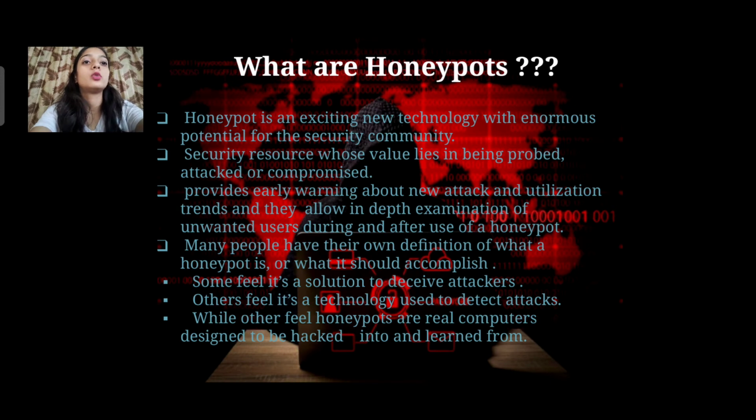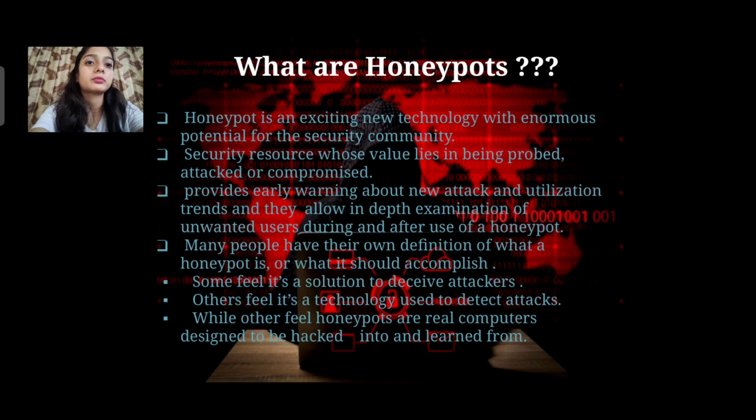Now let's look at what honeypots are, or the definition of the honeypot. A honeypot is a computer system on the internet that is expressly set up to attract and trap people who attempt to penetrate other people's computer systems. This includes the hacker, cracker, and script kiddie. They have multiple uses such as prevention, detection, or information gathering.